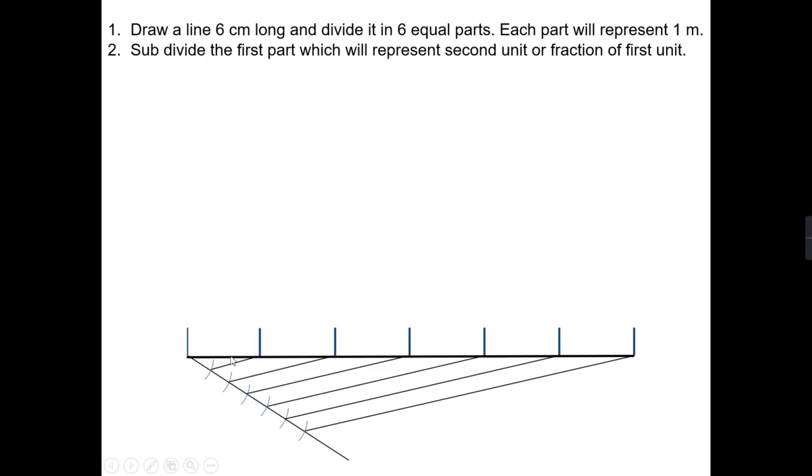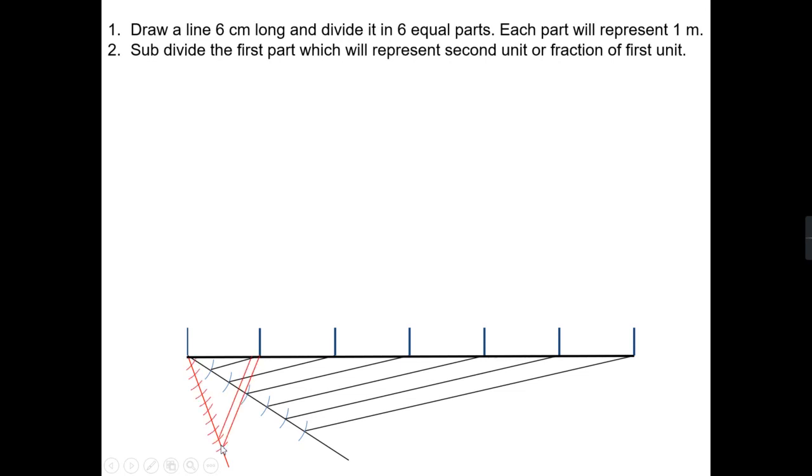Okay, so I will cut this part into another 10 parts, so each part will represent 1 decimeter. So for that I will draw another line, and because I want to divide this portion into 10 equal parts, I will mark 10 equal parts on this line first.